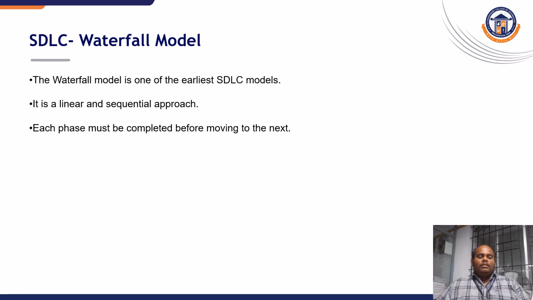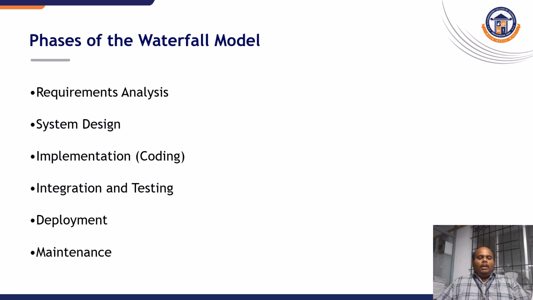The waterfall model is the first model from SDLC. It is one of the earliest SDLC models. It is a linear and sequential model. Each phase must be completed before moving to the next. By using the waterfall model as a basic model, it is easy to develop a project. Next, the phases of the waterfall model.